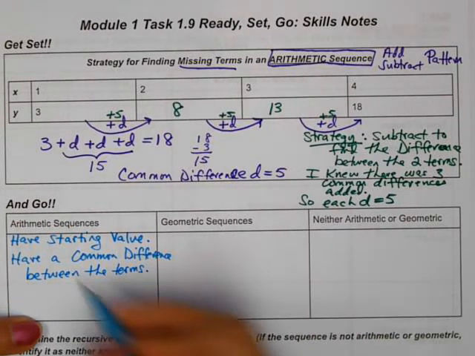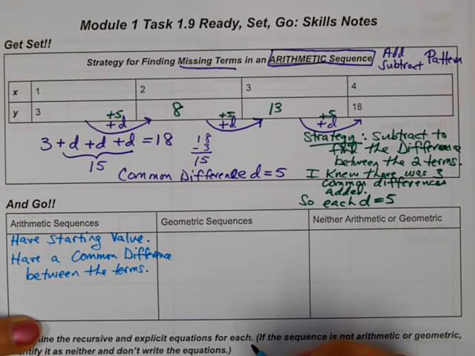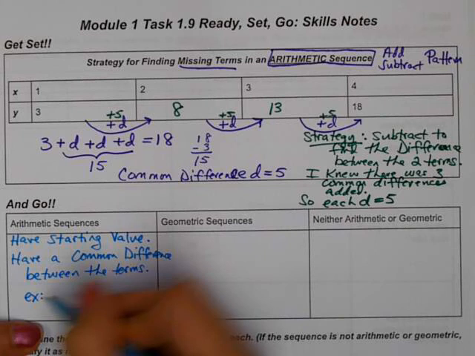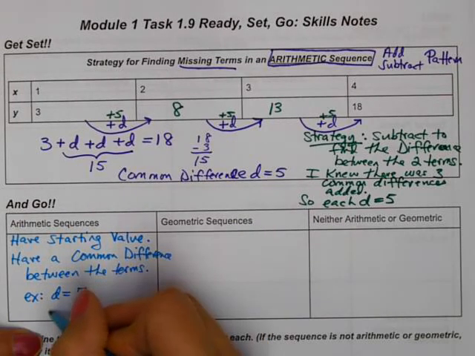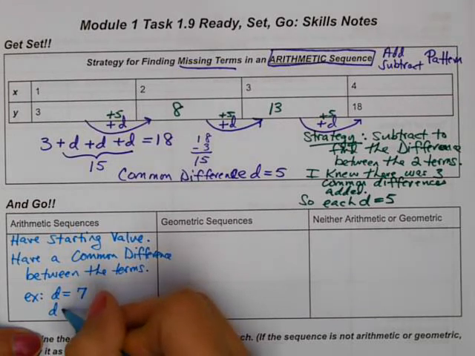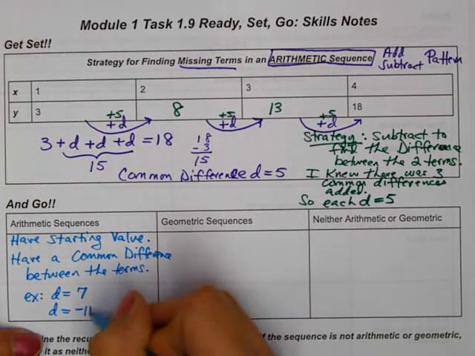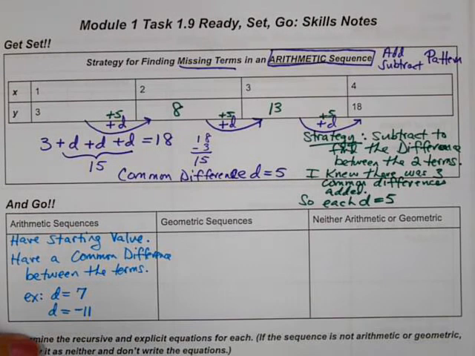And that means something's being added or subtracted. For example, we could have D equal a positive 7, or we could have the common difference equal negative 11 if the numbers are going down.